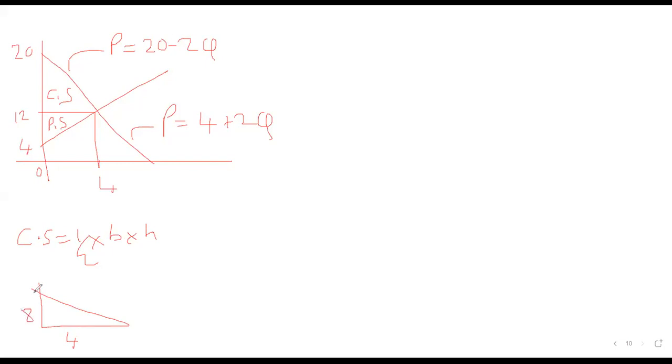How did you get the 8? The difference between 20 and 12. So how do we calculate this now? So we get half of 8 times 4, which is what?